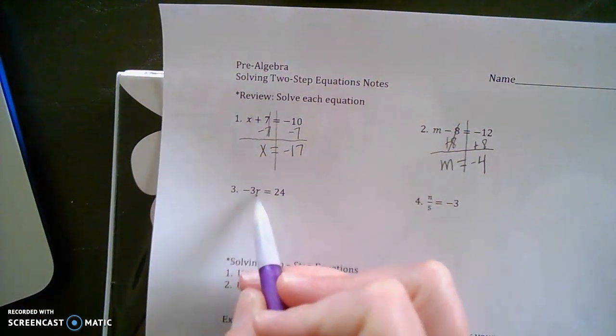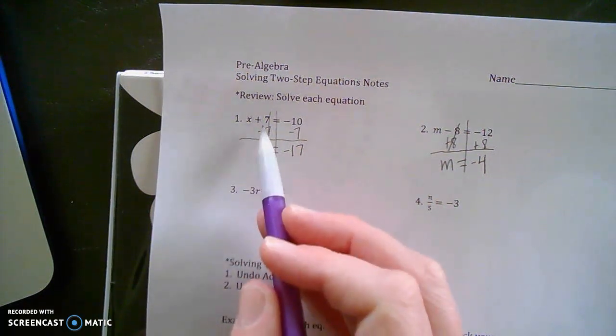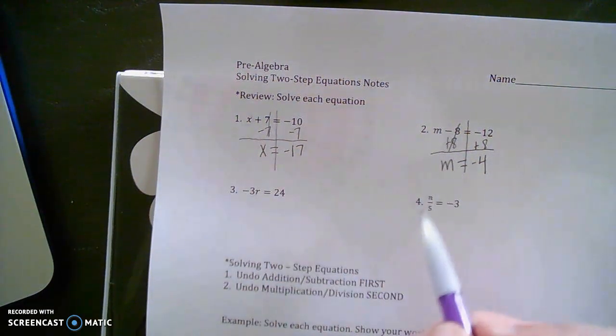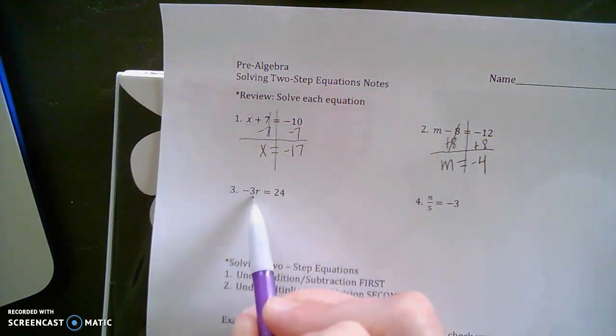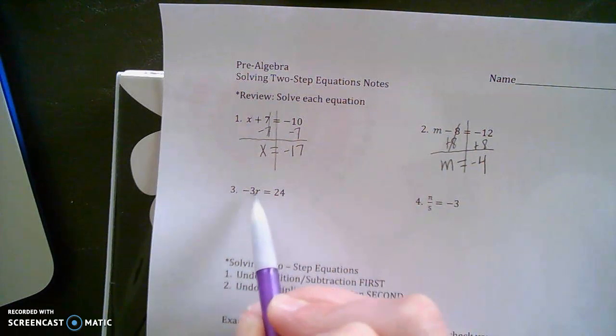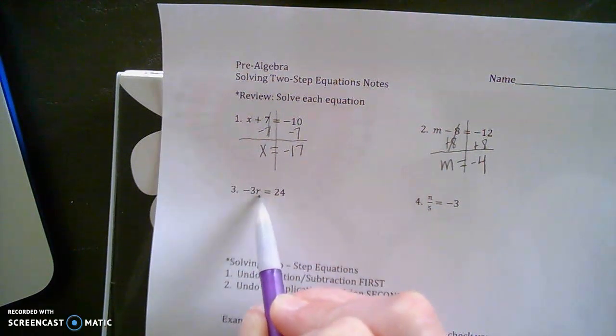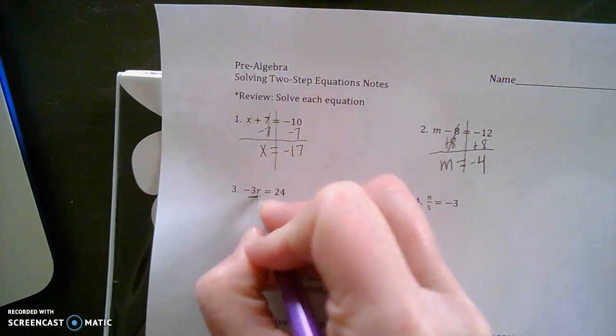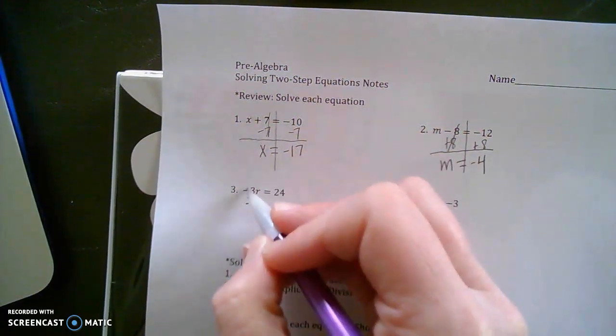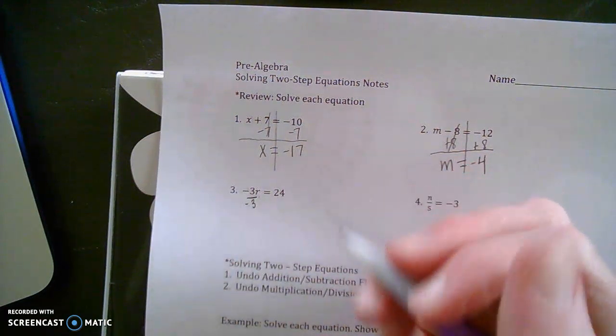This one, you have to remember there's no sign here. So here's an addition sign, here's a subtraction sign. This one is a fraction bar, which is also division. When there's no sign and they're right next to each other, this is called a coefficient and the variable, they're being multiplied. So to undo multiplication, we need to divide. Divide by -3. You want the negative to go along with it to cancel it out.